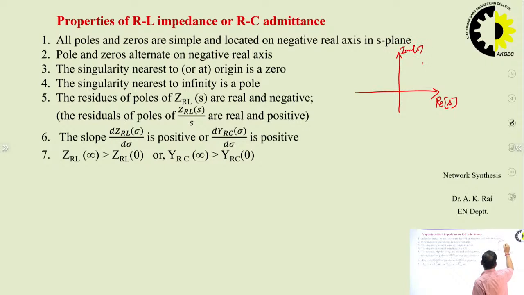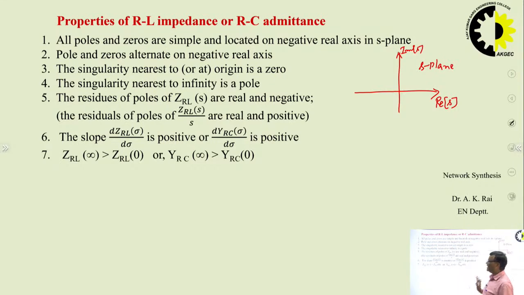This is the S plane. Never forget to mention this. If you have the S plane, then you have the imaginary S and real S. Without mentioning S plane, we have no meaning of this. Okay, simple XY. Okay, so all poles and zeros are simple and located on the negative real axis.